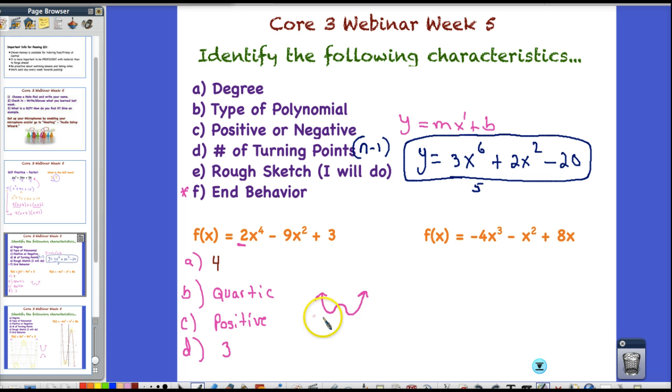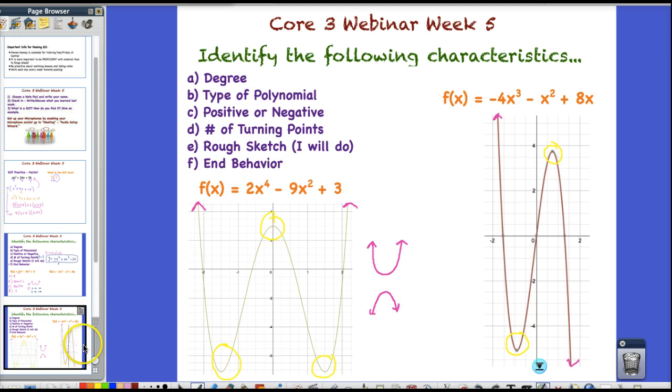And once you have a rough sketch, you can do the very last thing, which is F, and F is your end behavior. So this is what confuses people sometimes, but it's really very simple, you guys. All you have to do is do this. Write, as x goes to positive infinity, and then write, as x goes to negative infinity. So really what that's saying is, if I go back to my graph, here's my graph, hopefully you guys see it.